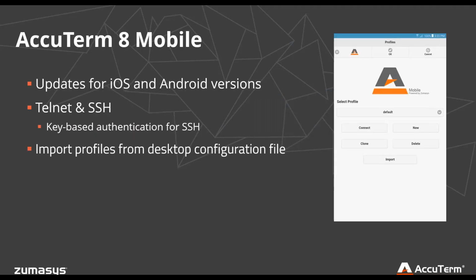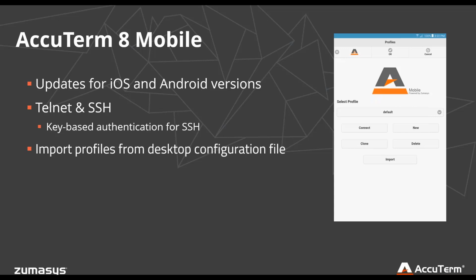And that brings us to AccuTerm 8 Mobile, which is the third part of this package that you get for AccuTerm 8. At this point, we're still using the AccuTerm Mobile from the App Store. We've updated the iOS and Android versions probably in September, maybe October, to fix some bugs.